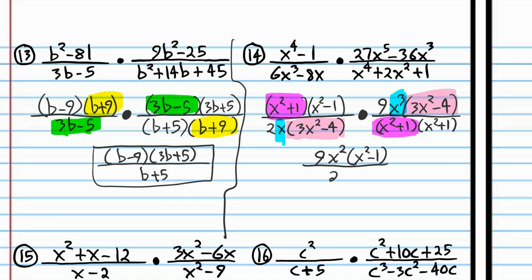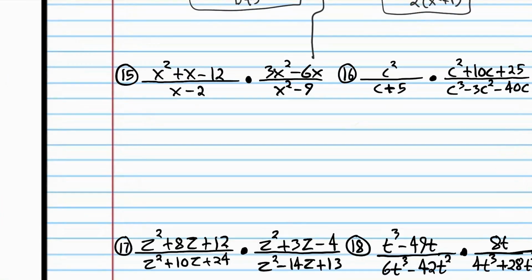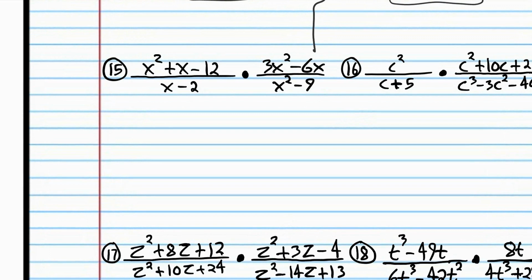And on the bottom we have 2x squared plus 1. And there's really nothing that we can reduce at that point. So if you got that answer, good job. All right, try number 15, and when you come back, we'll do it together. All right, we're back.